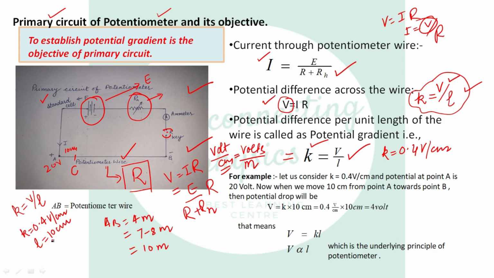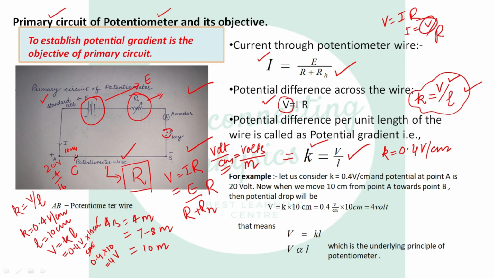So we can calculate V equal to K into L. What is K? 0.4 volt per centimeter. And what is L? It is 10 centimeter. Centimeter cancels out with centimeter. 0.4 into 10 is equal to 4 volt. So what will be the potential drop here? 4 volt. So 20 minus 4 will be 16 volts.